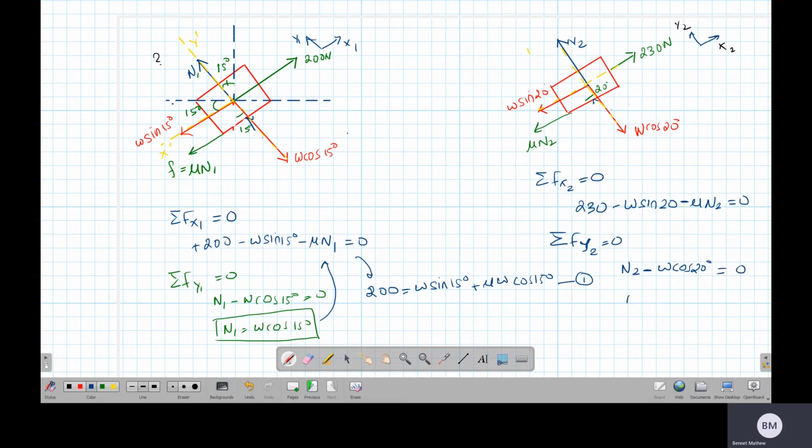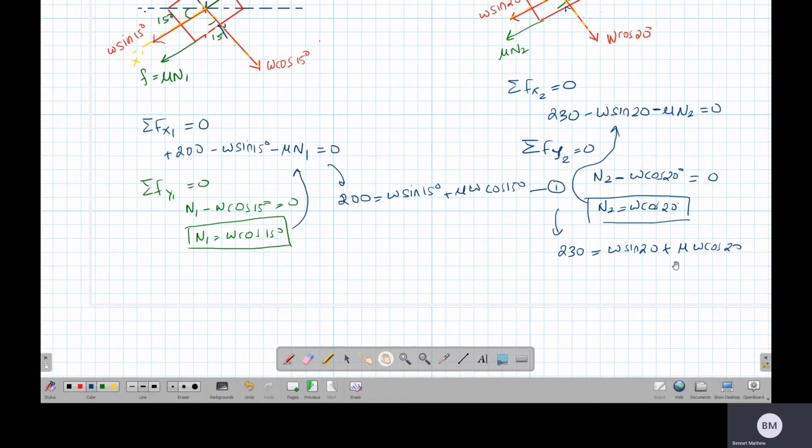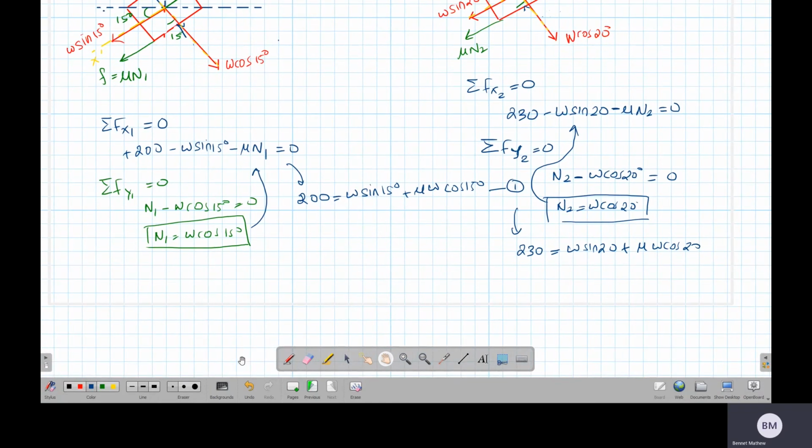Okay, so that means n2 equal to w cos 20 degree. Okay, so this I will substitute in this equation. Then I will take these two terms to the other side. So 230 equal to w sin 20 plus mu times w cos 20. Okay, so we are getting a very similar equation. I will call this equation 2.